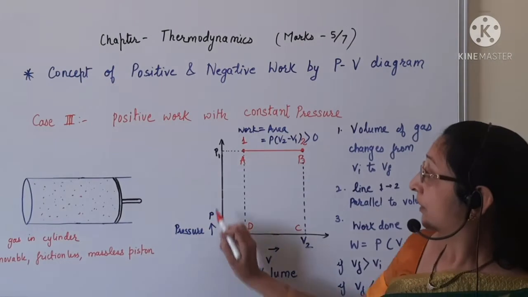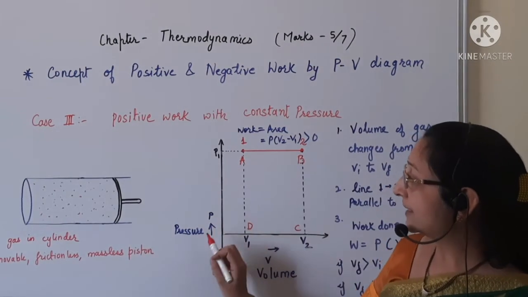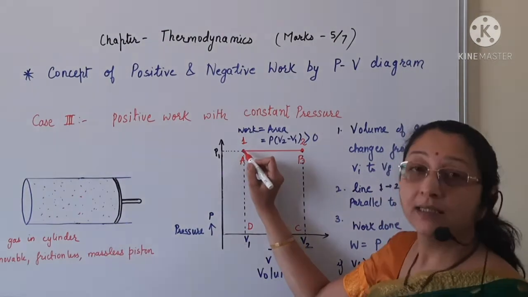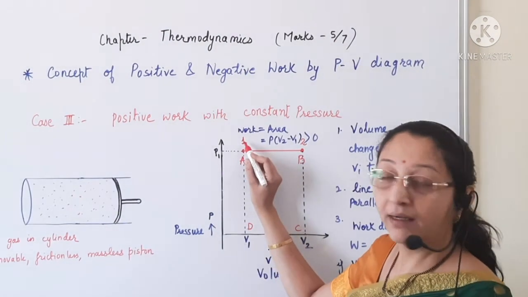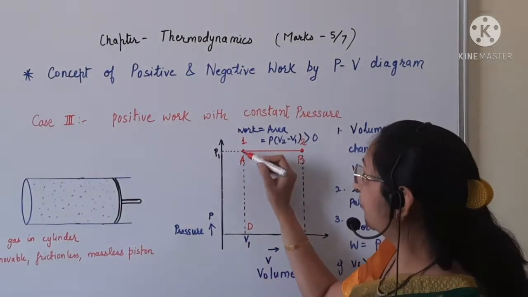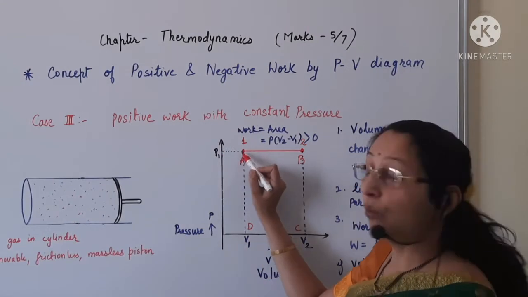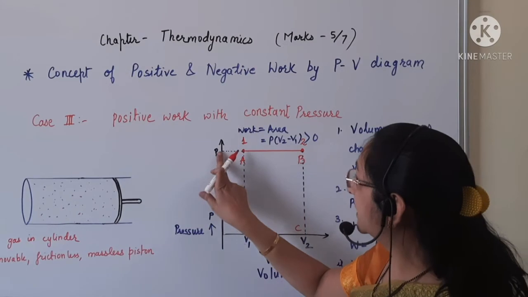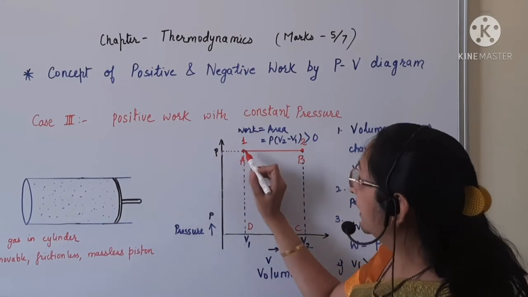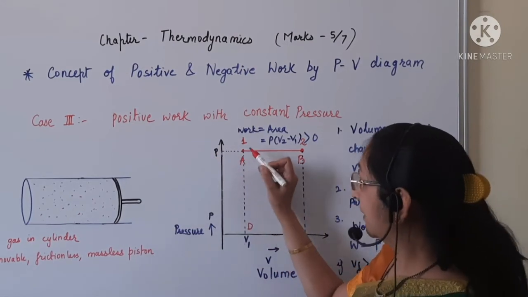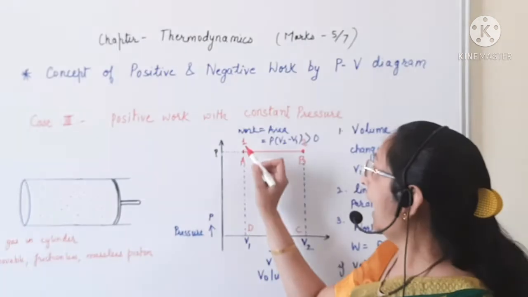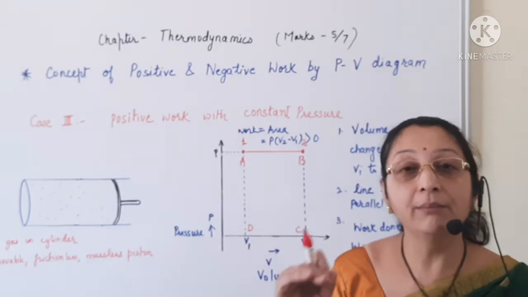On the y-axis is the pressure and the x-axis is the volume. The initial state of the system is 1, with pressure P and volume V1. Now the pressure remains constant.